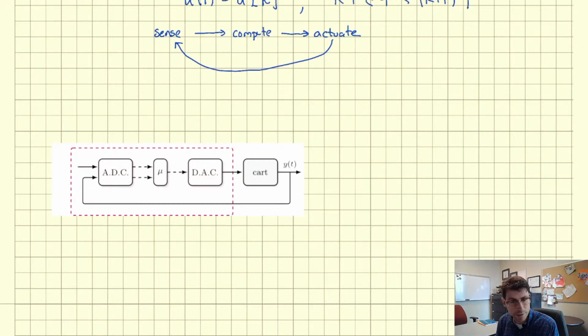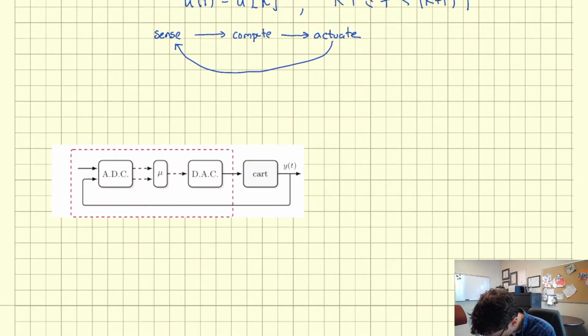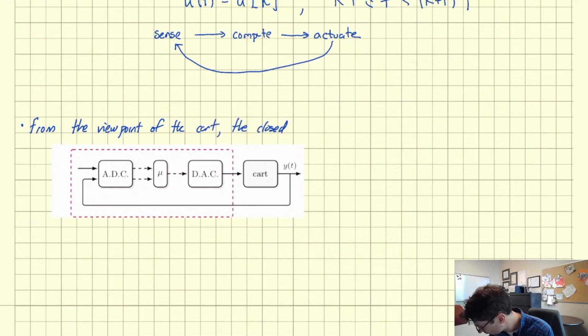Okay, so what we have in this picture is what that closed loop system looks like from the point of view of the cart. So let's write that down. From the viewpoint of the cart, the closed loop system appears purely continuous time.